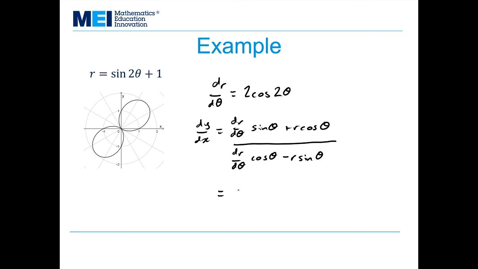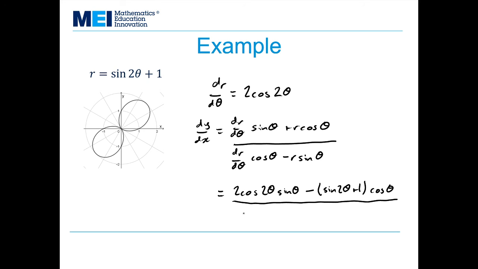And so in this case, substituting all of my bits in, I get 2 cos 2 theta sine theta minus sine 2 theta plus 1 cos theta, all over 2 cos 2 theta cos theta minus sine 2 theta plus 1 sine theta.